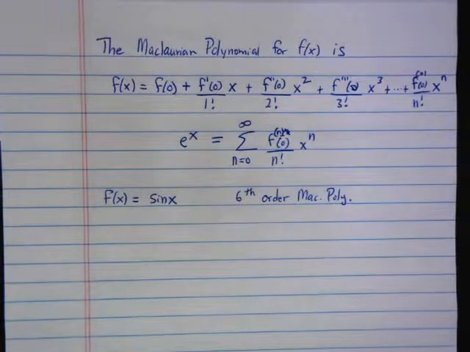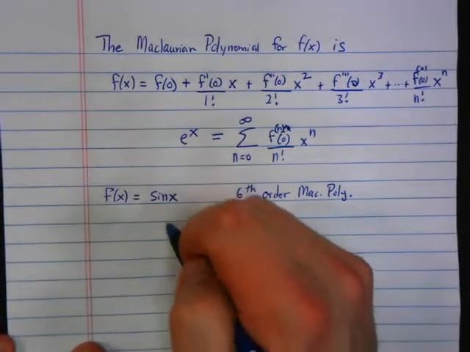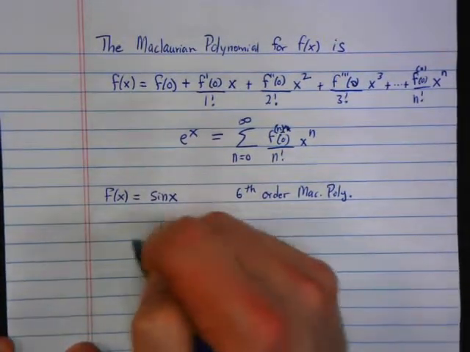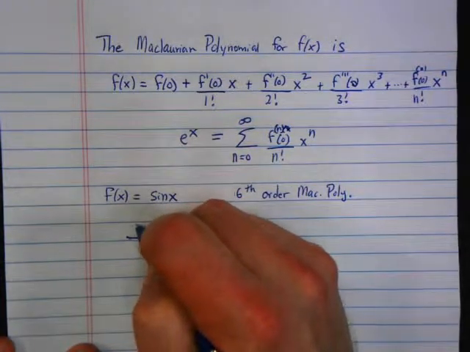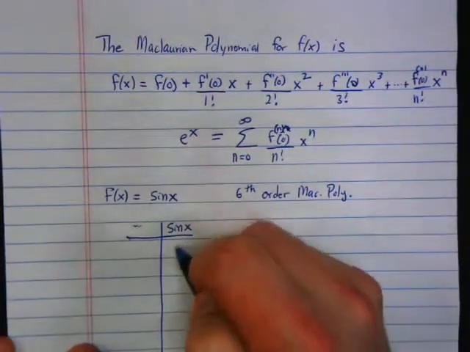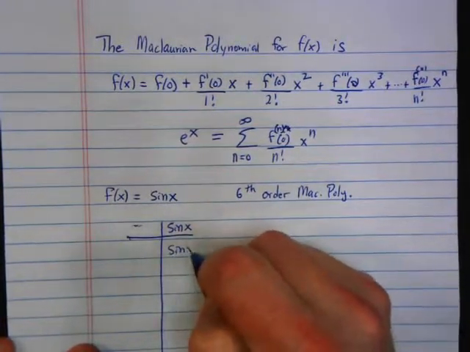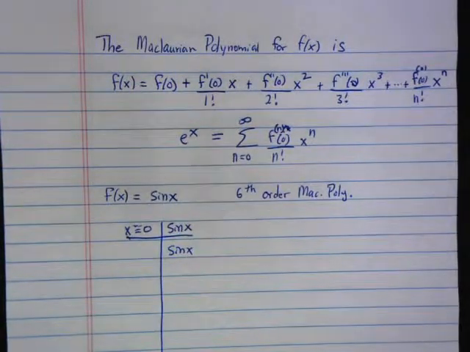The 6th derivative, and the 5th, and the 4th, and the 3rd. So, what I like to do is build a table. And I'm just going to start taking derivatives.